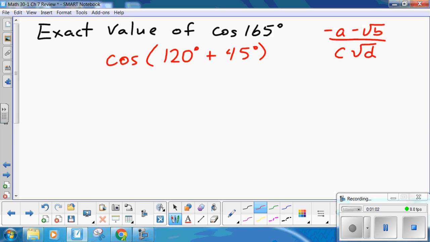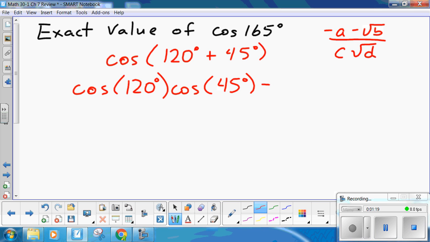Now, go to your formula sheet. Cos of a plus b is cos a cos b minus sine a sine b.